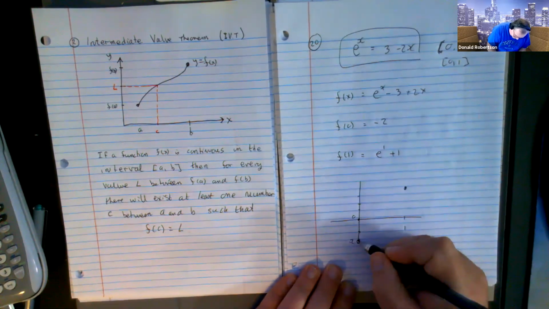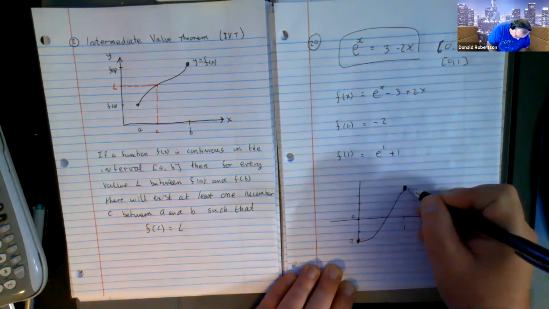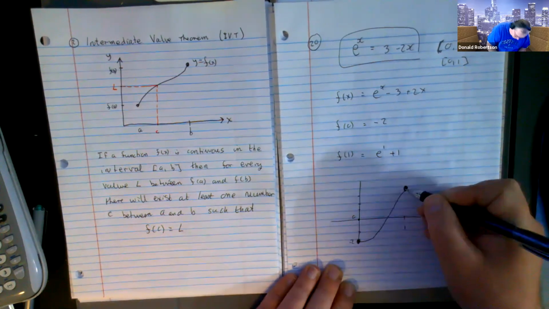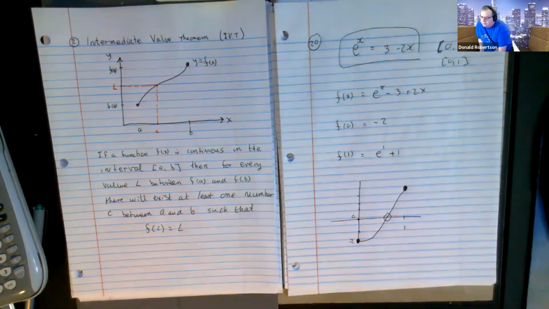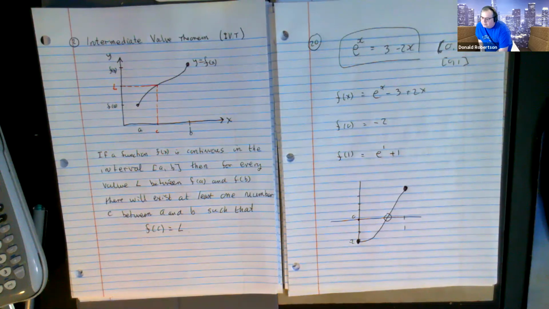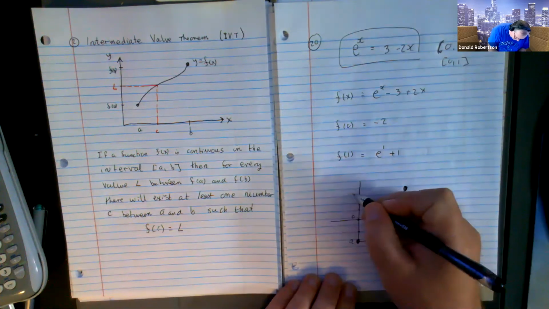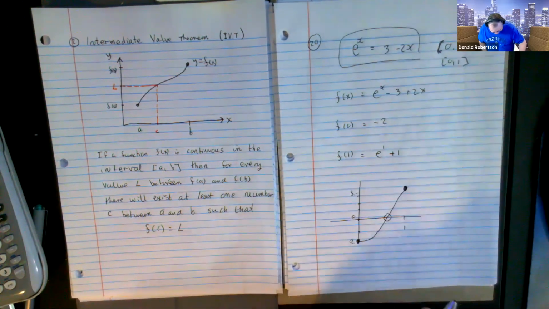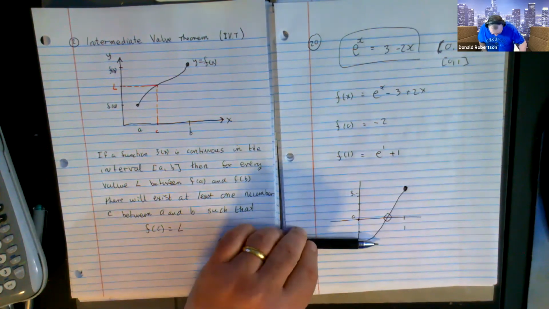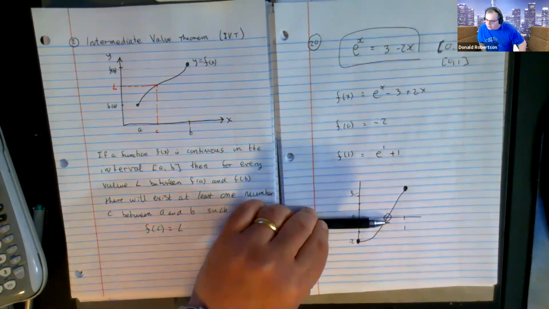Would you agree that if this function starts here and finishes here, doesn't it have to pass through 0? Right, so we're talking y value. Starts at -2, finishes away up here, which is about 3 and a bit. Because it's a continuous function, doesn't it have to cross the x-axis?